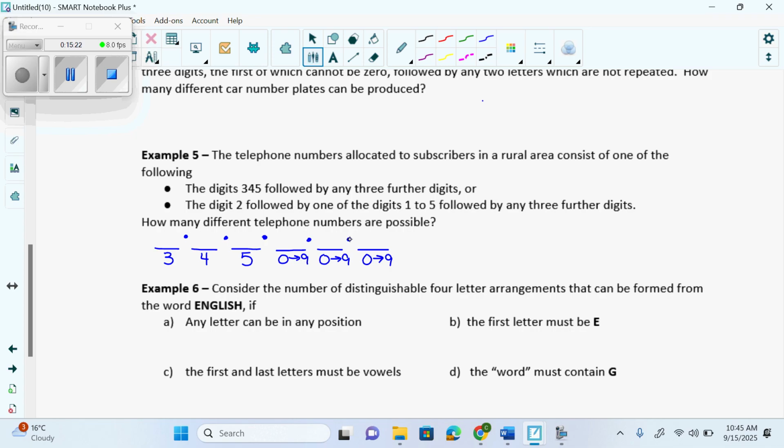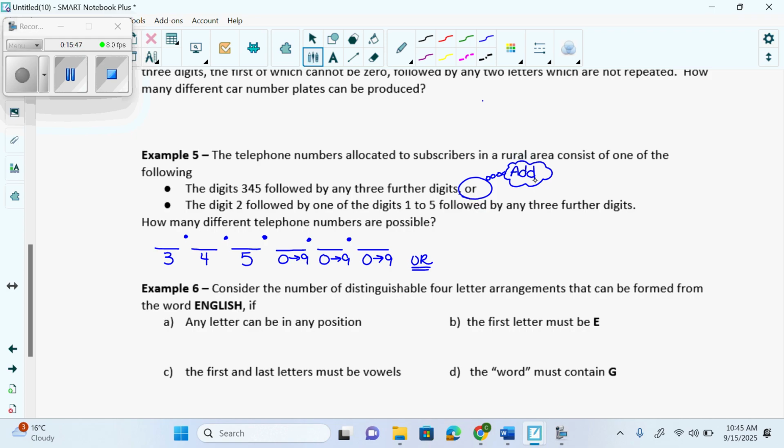Then it uses the word or. What do I do when I use the word or? What do I think? Add. Remember, and add don't go together. They're too similar. If I use the word and, I multiply. If I use the word or, I add. And I multiply, or I add.